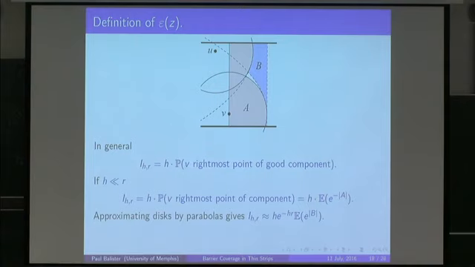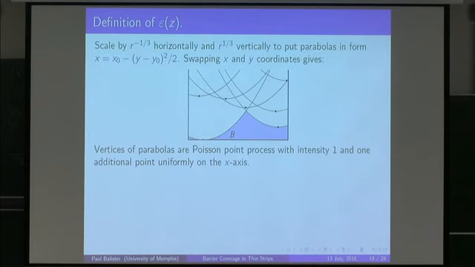Right. And then, right, so now I do some messing around. I rotate the picture. I didn't actually need to do this, but I prefer to think of it like this. And then you scale by r to the minus third in one direction and r to the third in another direction.